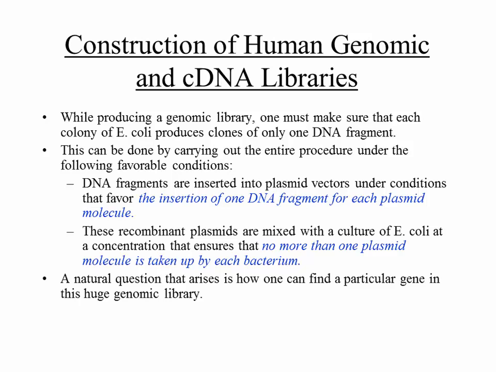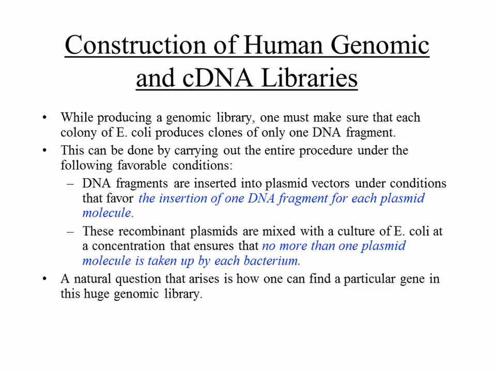DNA fragments are inserted into plasmid vectors under conditions that favor the insertion of one DNA fragment for each plasmid molecule. And then these recombinant plasmids are mixed with a culture of E. coli at a concentration that ensures that no more than one plasmid molecule is taken up by each bacterium. This is what I meant, that you have to follow protocols. If I just go ahead and try an experiment, probably it'll be all messed up.